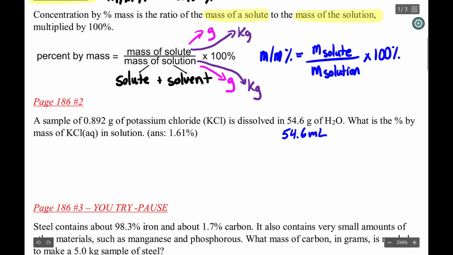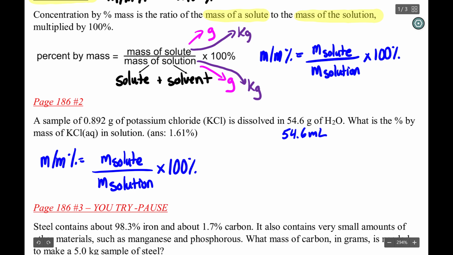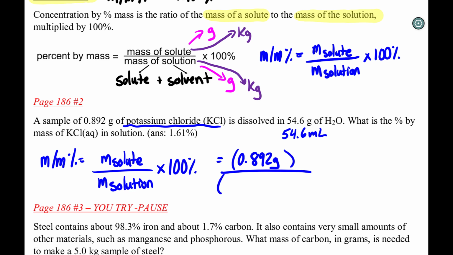All right, so starting with our equation, mass percent is equal to the mass of the solute all over the mass of the solution times 100%. So subbing that in, our solute is the potassium chloride, so we're 0.892 grams. This is then divided by the mass of the solute plus the solvent.